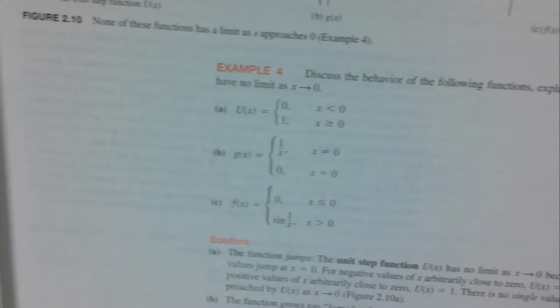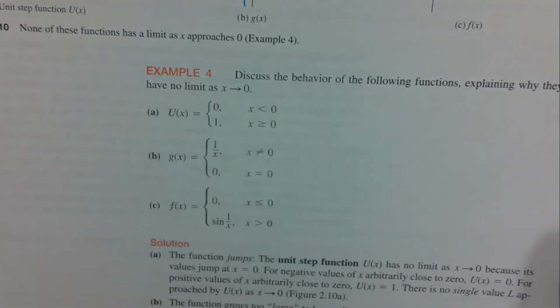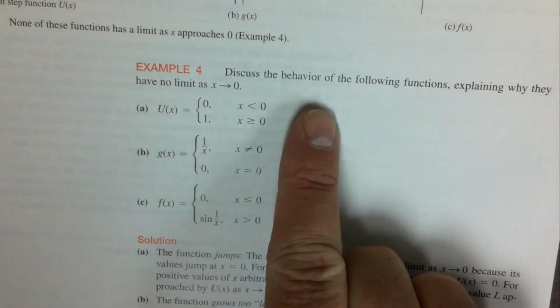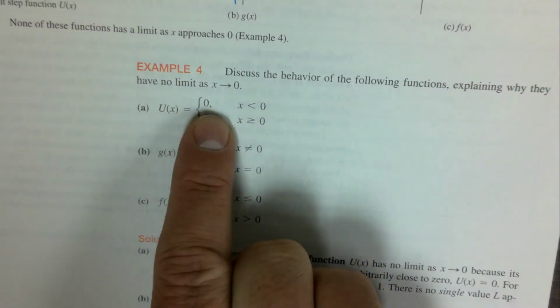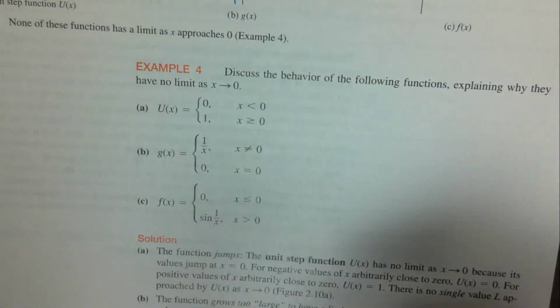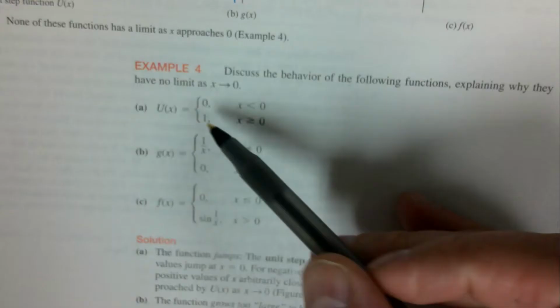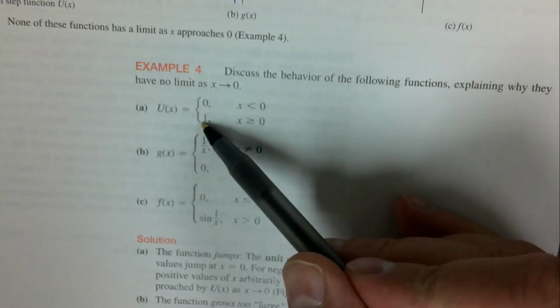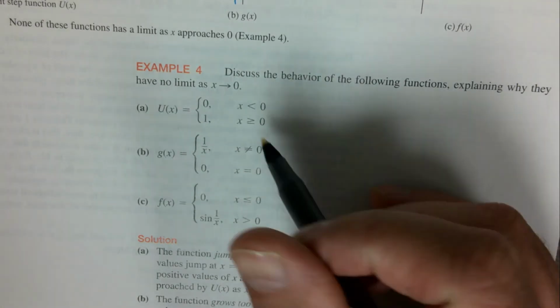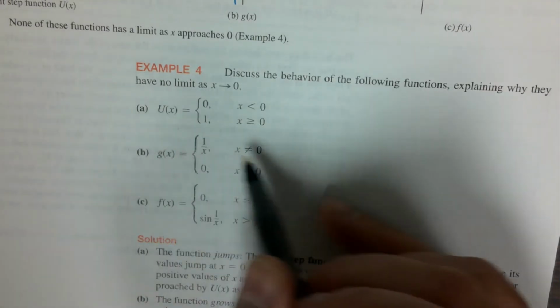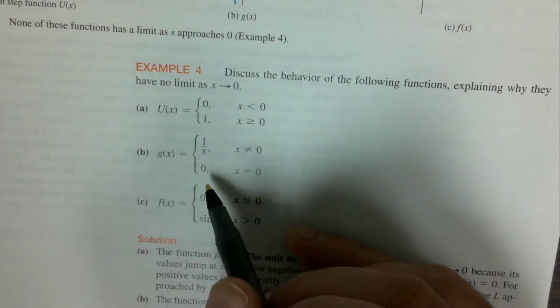Okay, so on example 4, it says discuss the behavior, and there's basically a bunch of piecewise functions. One of them is just approaching numbers at different intervals in inequalities. This one's a rational function when it's not 0, but then 0 when it is 0.